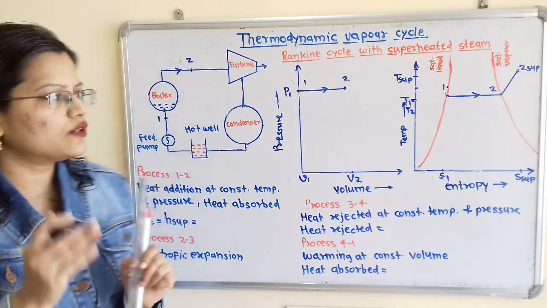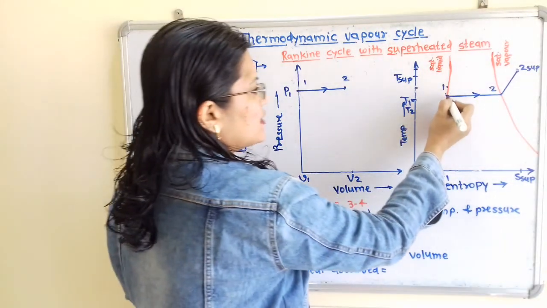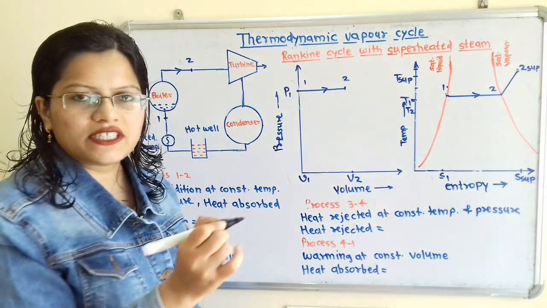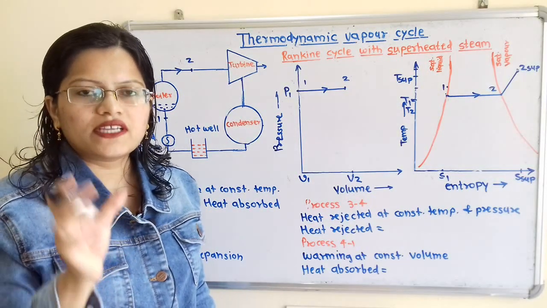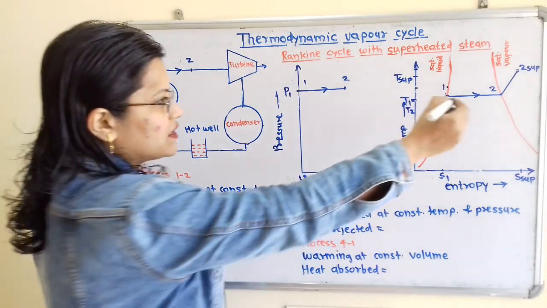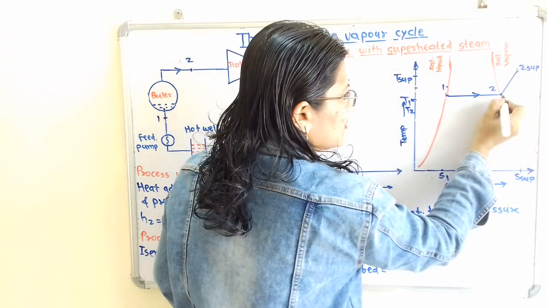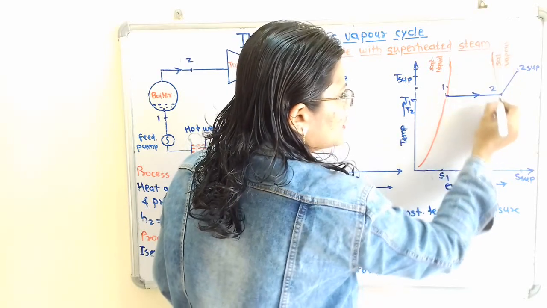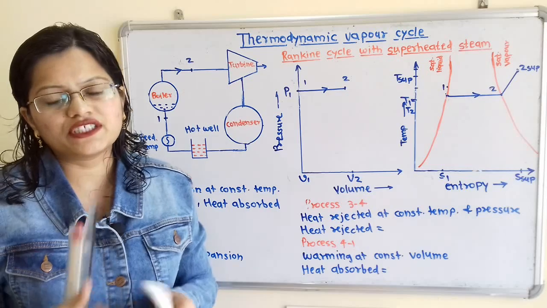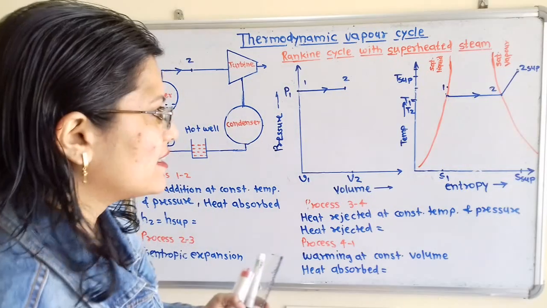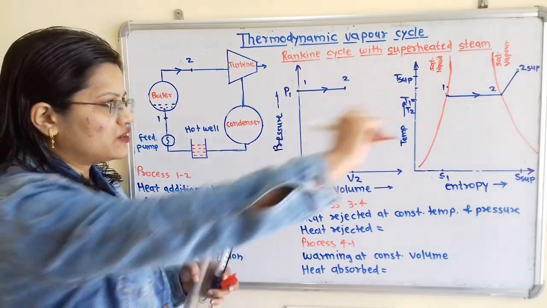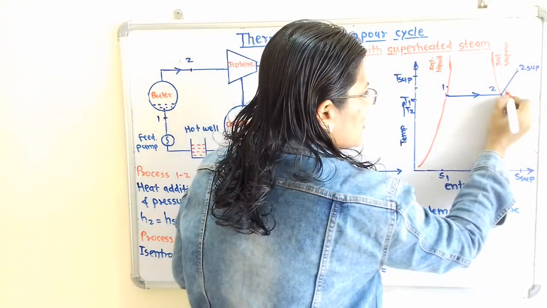For H2, if we observe, when the saturated water is getting converted into dry saturated steam, what is the amount of heat absorbed? That is nothing but Hg2, because this is the enthalpy at point 2, as point 2 is on the saturated vapor line. So we will measure the enthalpy at this point 2 with the help of Hg, and at point 2 I will say Hg2. So I will write here Hg2.